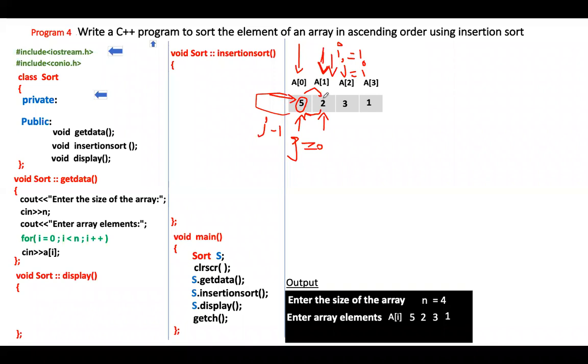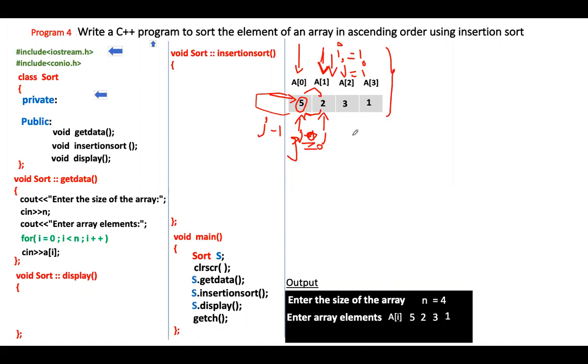Before exchanging, this was j, this was j minus 1. So after exchanging, this will become j, and this will become j minus 1, which is not at all present. So it will finish your first iteration here itself.